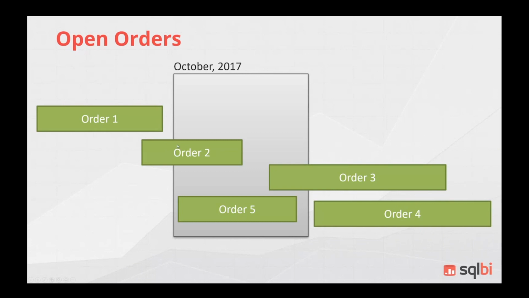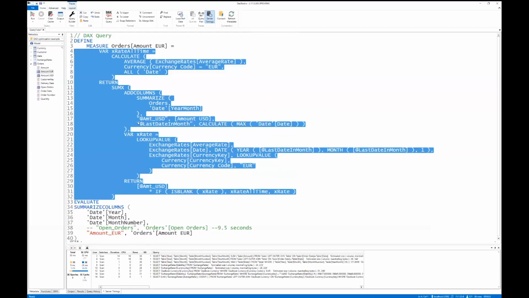In order to compute 3, I want all the orders that were not ended before the beginning of the period and were started before the end. This will include order 2, 3, and 5, and skip 4 and 1. And this is reflected in the code I wrote.